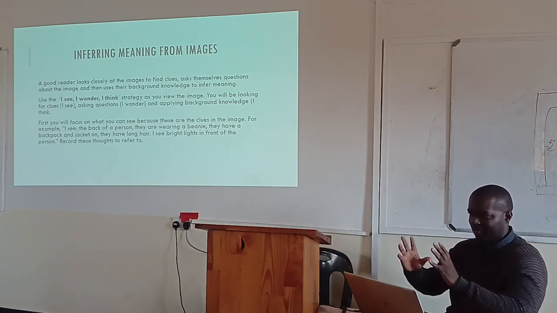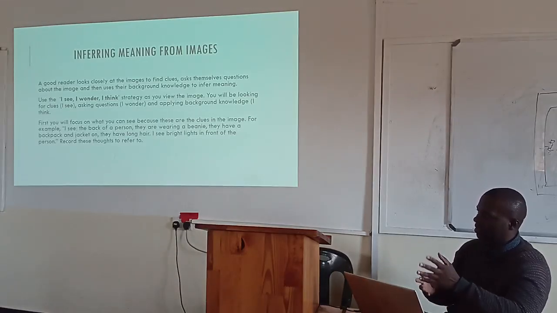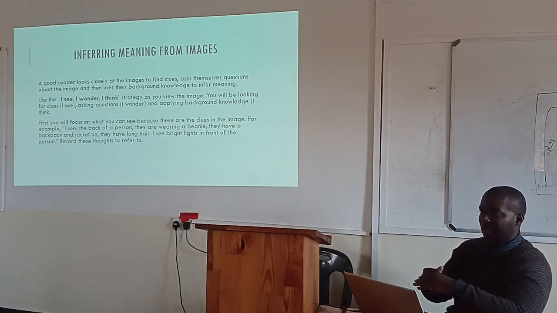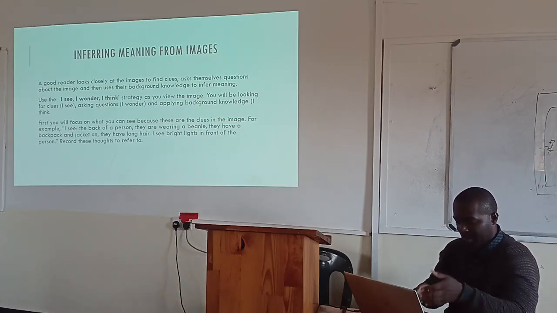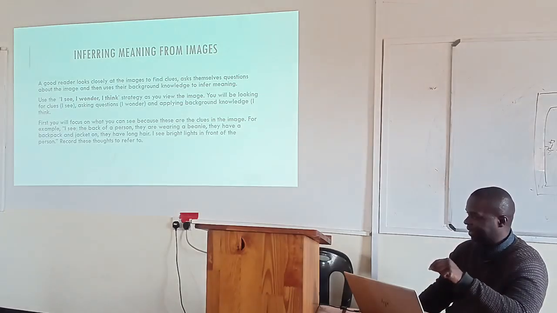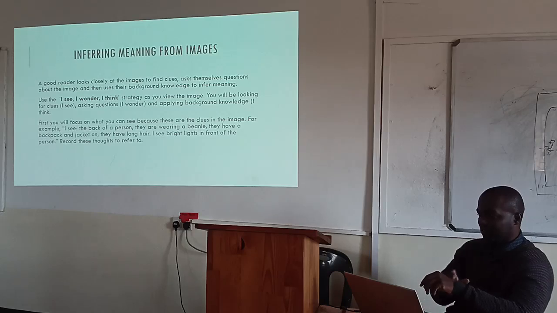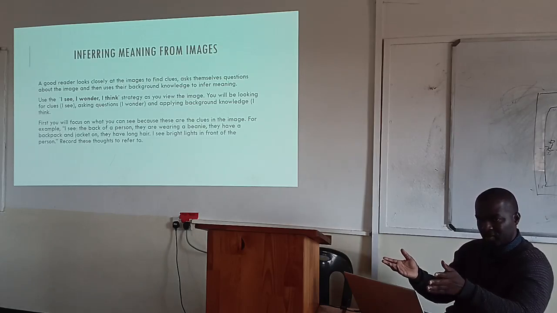So it's the same example I'm saying: the images also have messages, exactly as in the text, whereby they might not tell you directly what they're talking about, right? But when you look at it, you could get the message.